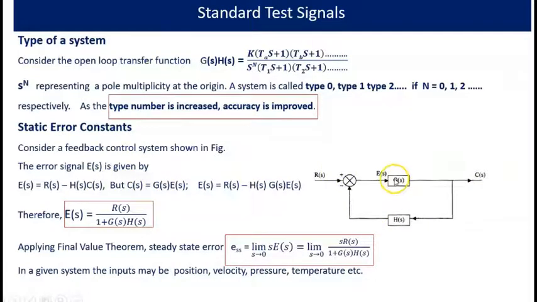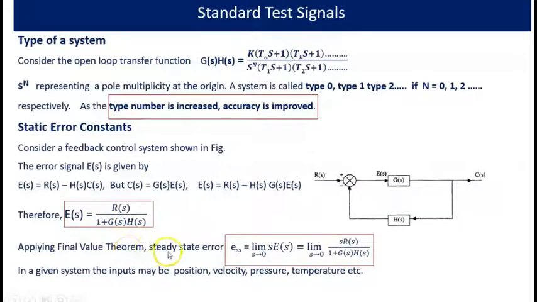Now C of s is equal to E of s G of s. Therefore, E of s is equal to R of s minus H of s into G of s E of s. Take this term to left hand side. So E of s is equal to R of s divided by 1 plus G of s H of s. Remember this expression.